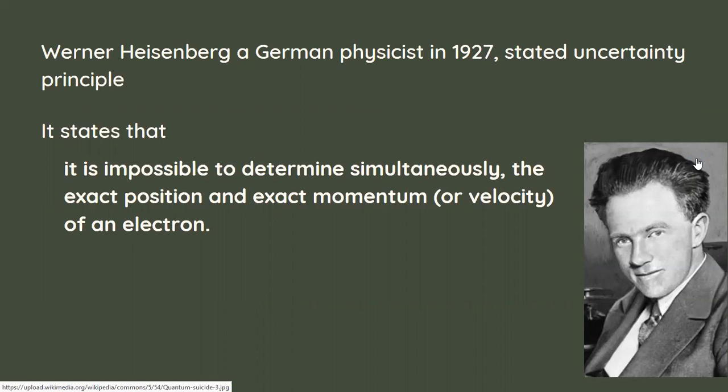According to this principle, it is impossible to determine simultaneously the exact position and the exact momentum of an electron. As we know from Bohr's model, he said that electrons go in circular paths or orbits. According to Heisenberg's uncertainty principle, we cannot figure out both an electron's velocity as well as its position at the same time.